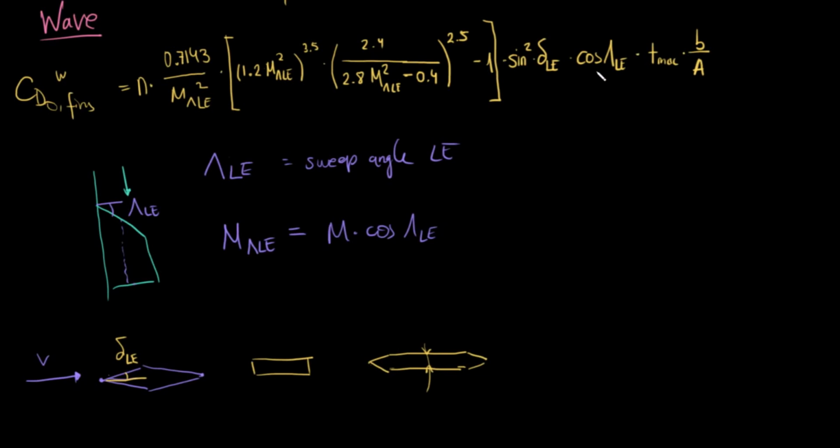There's a cosine term here, so we want to get this angle as large as possible. Yeah, that's right, as large as possible, because you can see the influence here. That's why on supersonic vehicles you're going to see this angle pretty large.